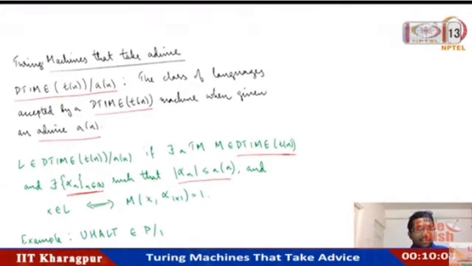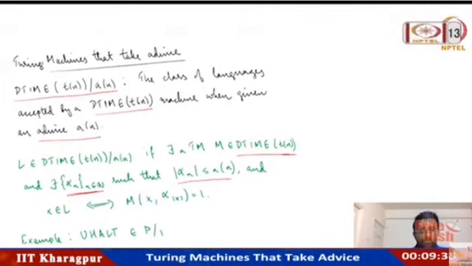There, the length of the witness or certificate string was bounded by a polynomial in the length of the input. Here, the length of the advice string is bounded by some function A(n). This could be anything. It could be logarithmic, polynomial, or exponential. It just changes the parameter in the definition.